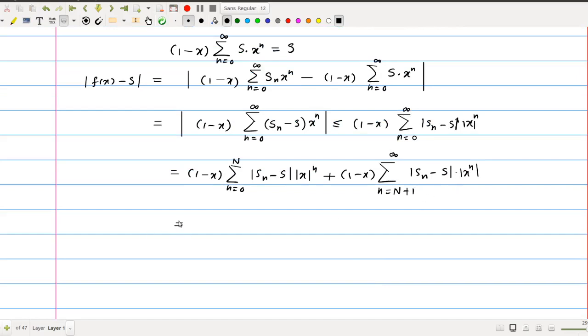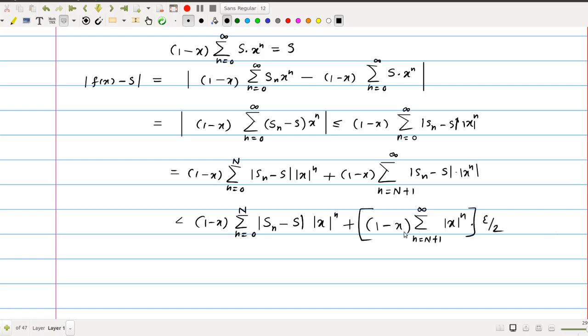When we use this, then we can write it as less than (1 minus x) times the summation from n equal to 0 to capital N, which contains only a finite number of terms, of |Sn minus s| x raised to n, plus (1 minus x) times, when you replace this quantity by epsilon by 2, the summation from n equal to N plus 1 to infinity of |x| raised to n times epsilon by 2.